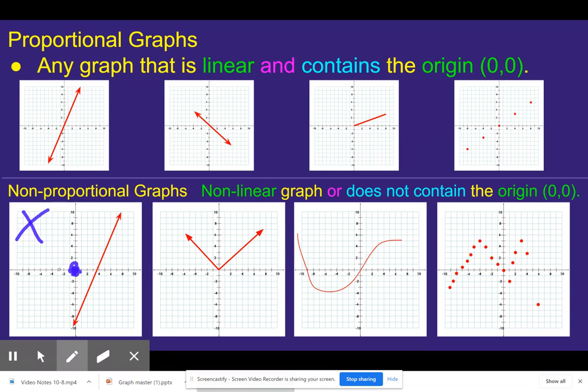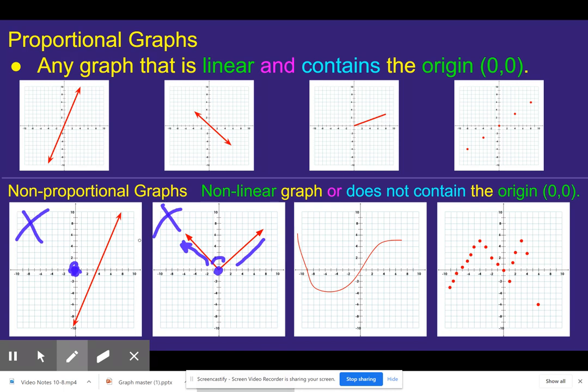If you look at our next one, hey, it goes through the origin. It actually looks like it has two lines. However, this bend right here means it is not a linear function. A linear function has no bends, no curves, and none of this nonsense that you see going on with this one. So this one qualified because it goes through the origin, but it's not linear.